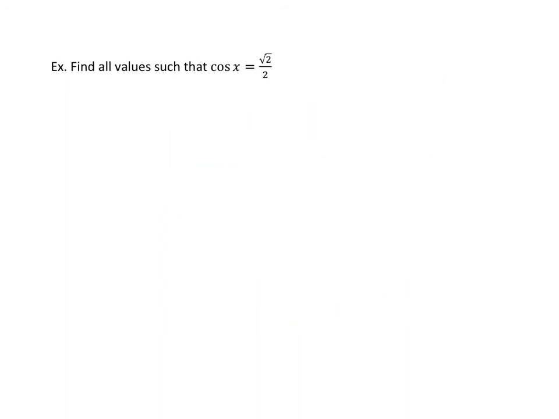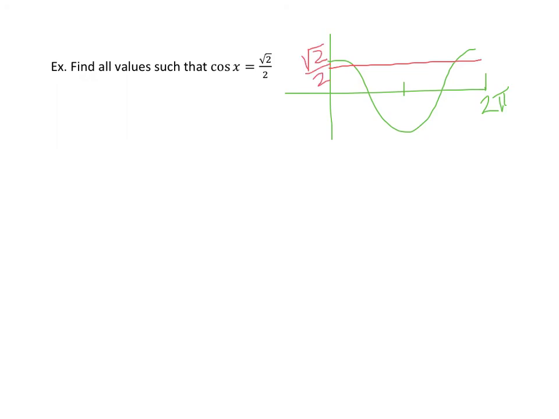Find all the values such that cosine x equals radical 2 over 2. Alright, radical 2 over 2 is a positive number. Here's my cosine graph. 2 pi, pi. It's a positive number, so it's going to be somewhere in here. You need to figure that out. Radical 2 over 2, you should think that you have seen that on the unit circle.